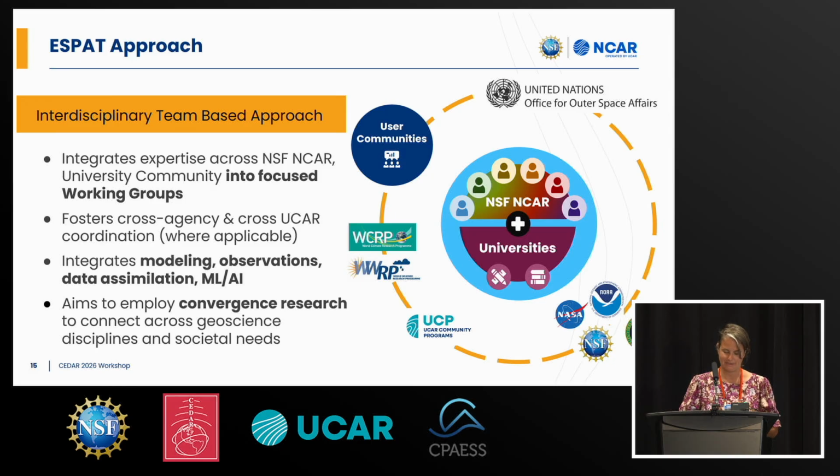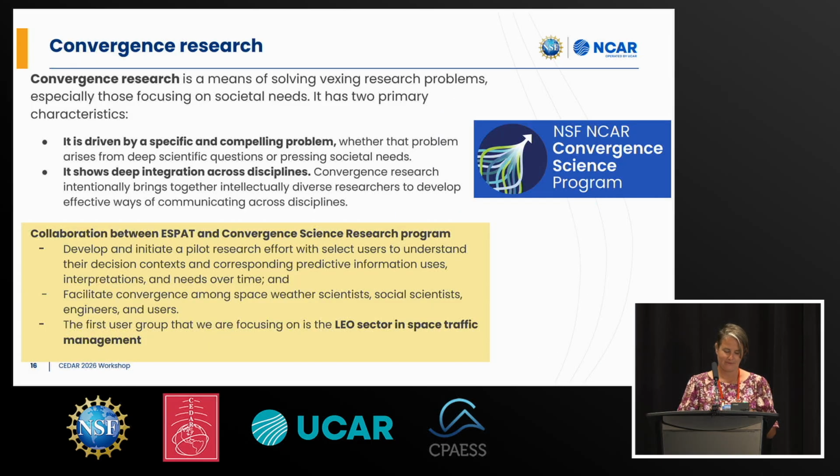I'm going to talk about that on the next slide. Convergence research is a means of solving vexing research problems, especially those focusing on societal needs. It has two primary characteristics. It's driven by a specific and compelling problem, whether that problem arises from a deep scientific question or a societal need.